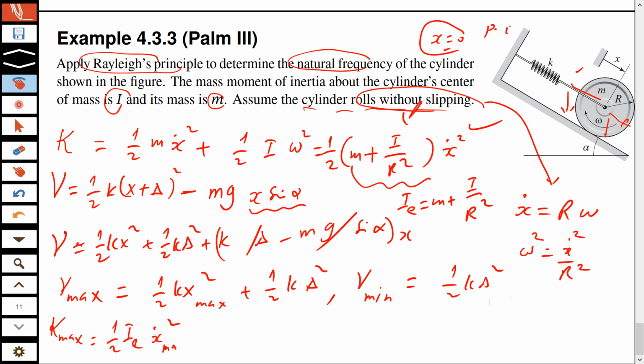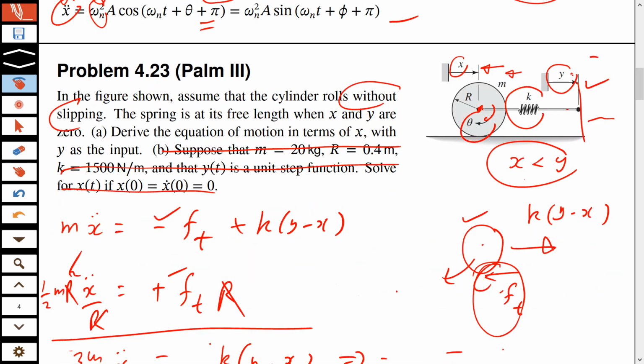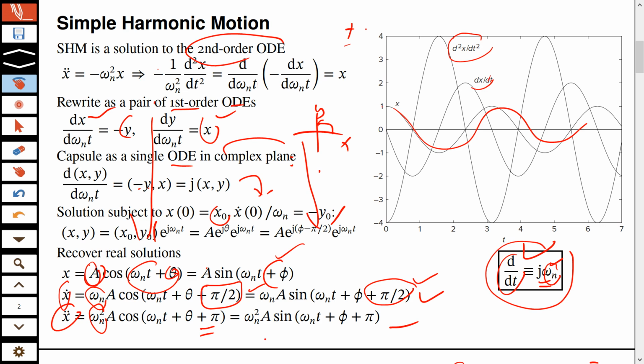Now x dot max is the issue here, and for this I can remind you of the very first slide: one beauty of simple harmonic motion is that even if you don't remember these expressions, the amplitude or maximum value of x is related to the maximum value of x dot by omega n.